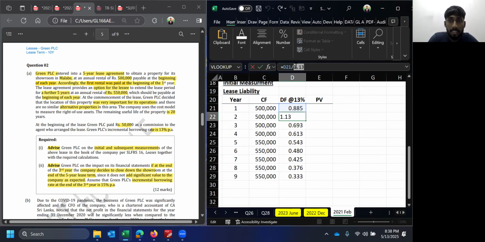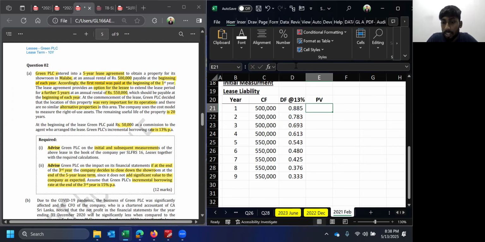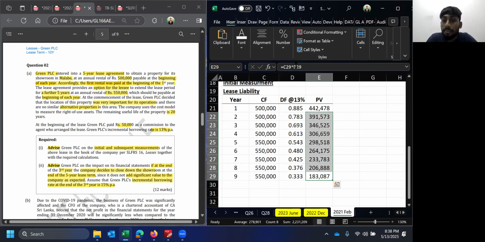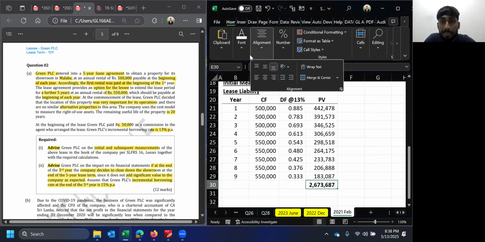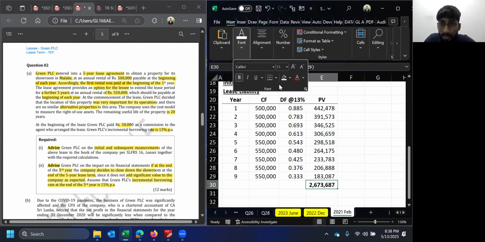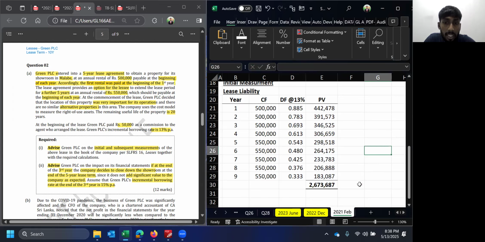Let's do it like this, 1 plus 13%. Yes, okay. So I have my present values now. So the total present value is 2.673 million. So this is the initial lease liability.